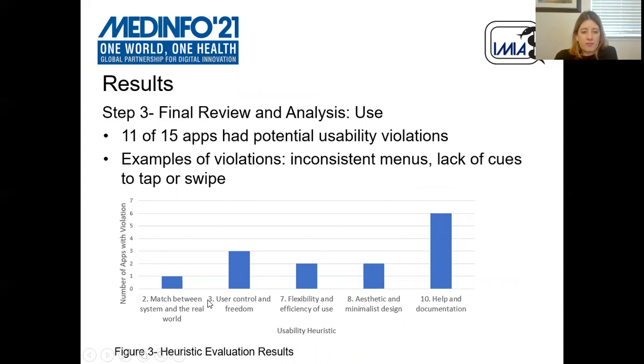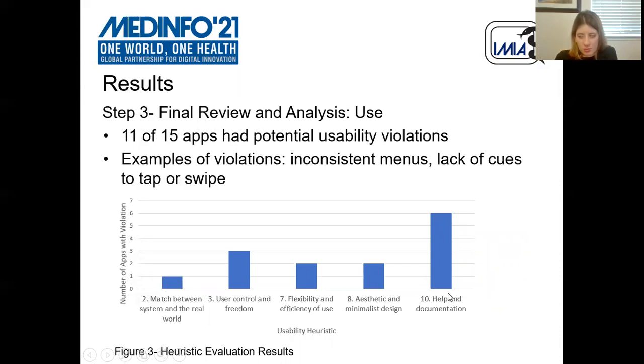Okay. In our final review and analysis of the use criteria, we found that 11 of 15 apps had potential usability violations. Some examples of these violations are inconsistent menus and lack of cues to tap or swipe. And this graph here, figure 3, shows the frequency of the violations for the heuristics where we did mark a violation.